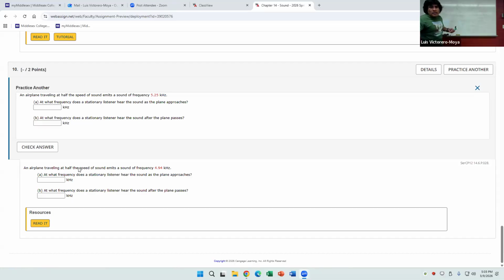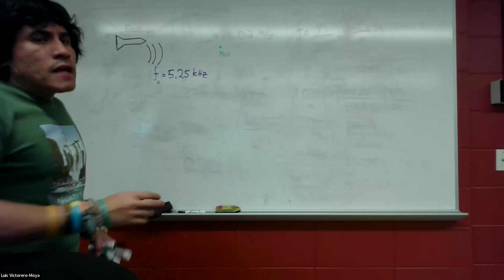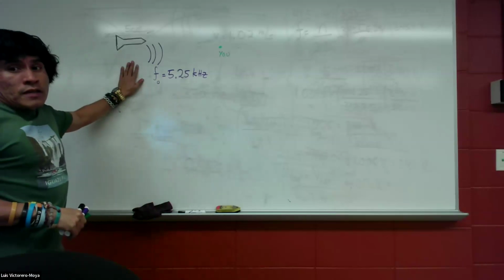Now, the listener is not moving. And the frequency emitted by the airplane, as you read it, the original frequency, f0, is 5.25 kilohertz. But you're not moving. It's the source that is moving.